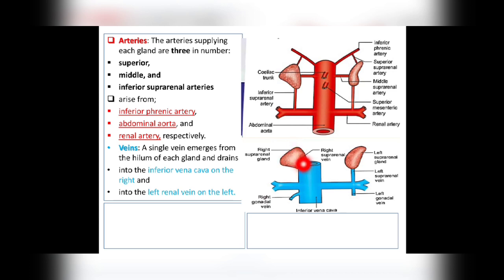Right suprarenal vein, left suprarenal vein, and this is left gonadal vein, and this is right gonadal vein. A single vein emerges from the hilum of each gland and drains into the inferior vena cava on the right and into the left renal vein on the left.